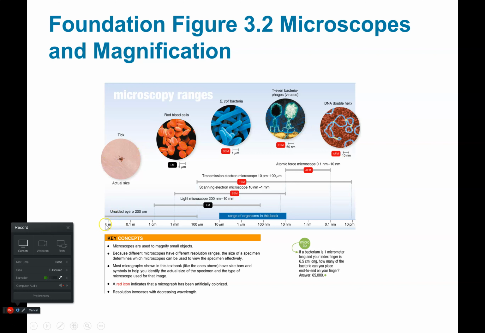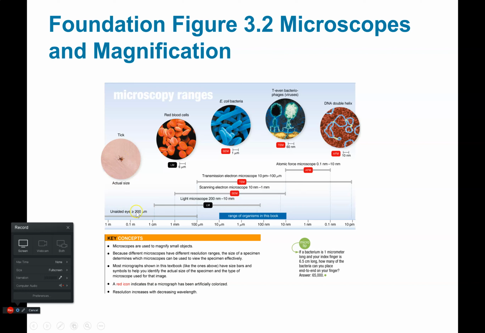On the bottom you have a size scale from meters down to picometers. And you also have an indication of different ways to view. This first bracket is what we can see with just our eyes, without a microscope. So we can see a tick, but it is quite small.